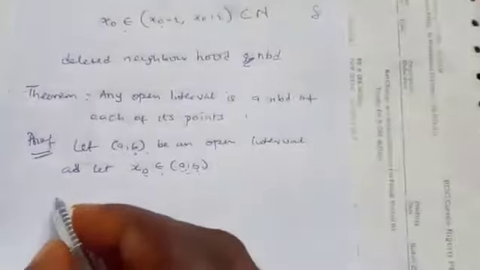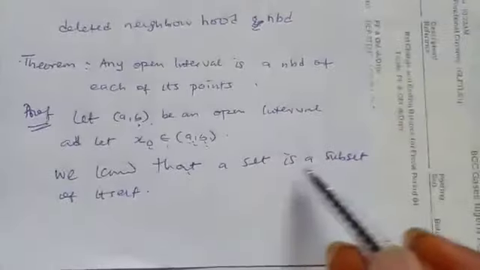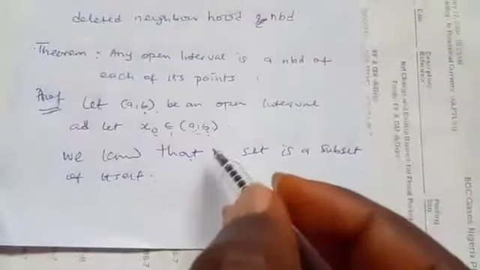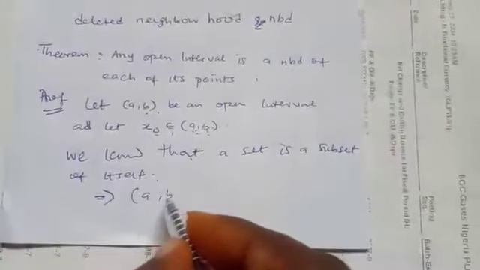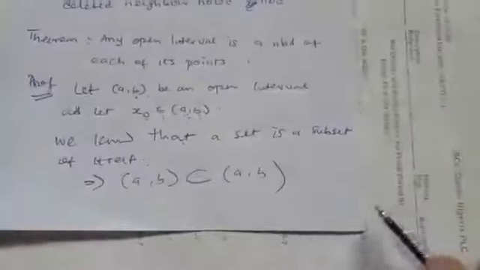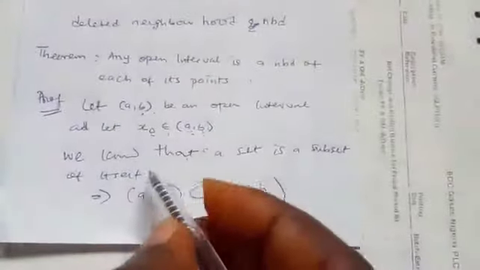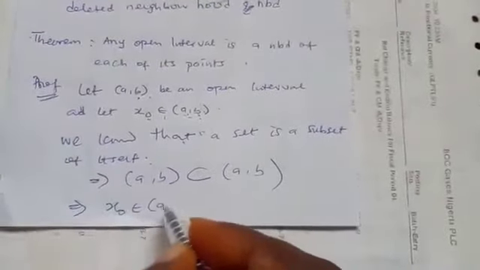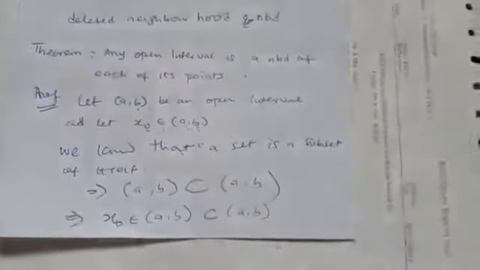But we know that a set is a subset of itself. That simply means that this set will be a subset of (a, b) again, because a set is a subset of itself. So from that, I can say that S0 belonging to this open interval is a subset of this open interval.